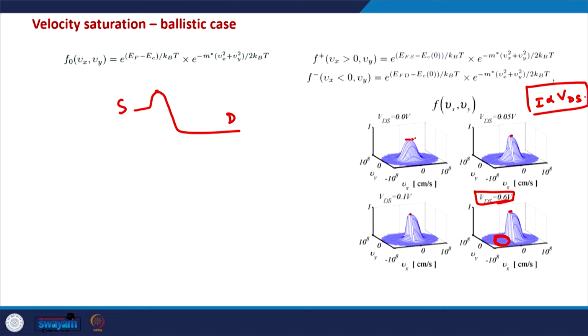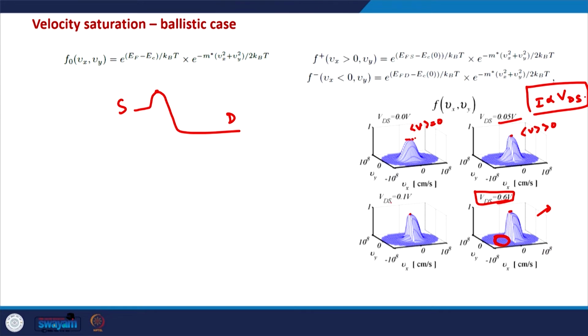At the same time, the net velocity of electrons is also increasing, because net velocity here is 0, the net velocity here is positive, the net velocity here is now greater than this case, and now this net velocity is maximum. So at 0.05 volts, there are still some negative velocity electrons.